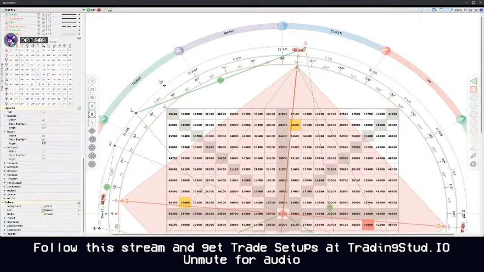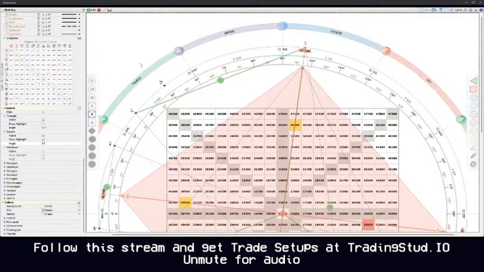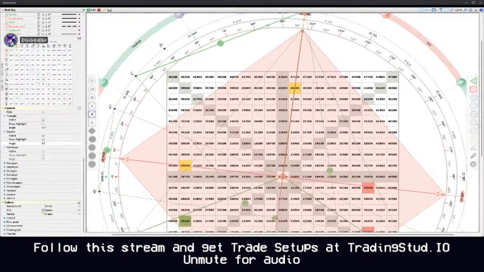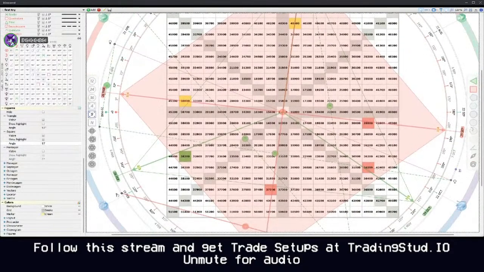So then what that does is my orientation with my square and my triangle that I've got laid out on the chart. They rotate. And when they rotate, it moves these lines. These red lines and green lines will be support and resistance. Okay. And what price are we at right now? 37,800.